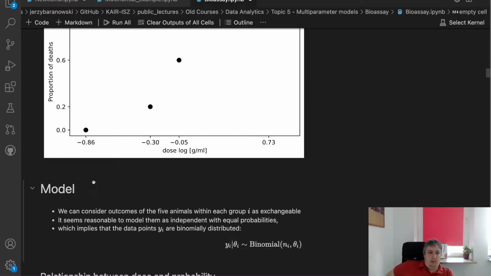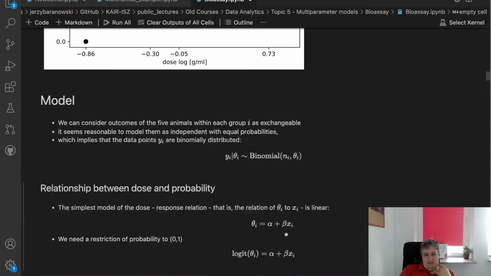So their order, for example, doesn't matter. So we can model each of those rats within each group independently. That gives us the justification to use the binomial likelihood, given that we are interested in the probability that we'll get a result of y deaths in n experiments.